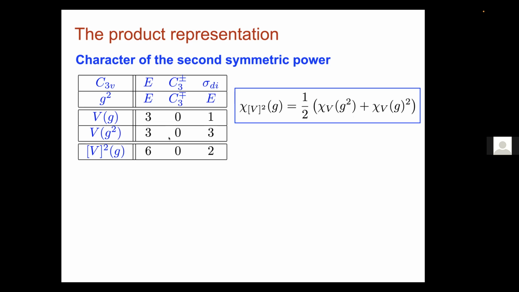That's all the computation that you have to do to be able to, we'll see in a minute, find the Raman activity of molecules. What you have to do is construct the character for the symmetric product. Then you can use the magic formula, I'm not going to do it again, and you can decompose it, okay?